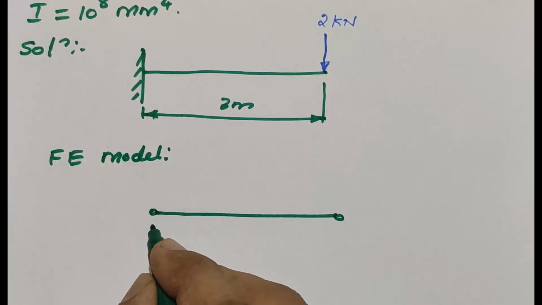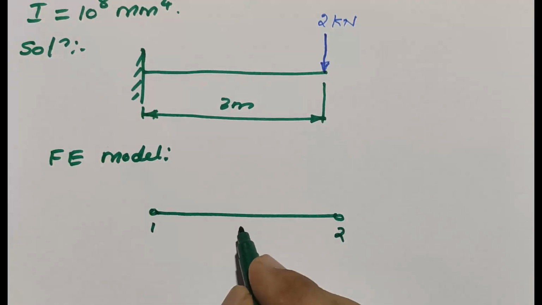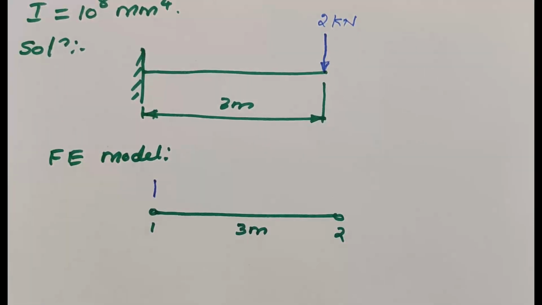This is node number 1, node number 2. Length is 3 meter. First I will consider the nodal displacements. Here we know that there will be 4 degrees of freedom for a 1D beam element, 2 translation and 2 rotation.